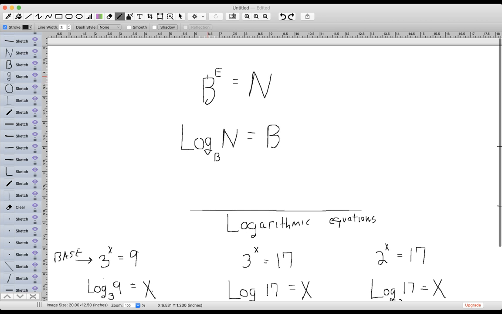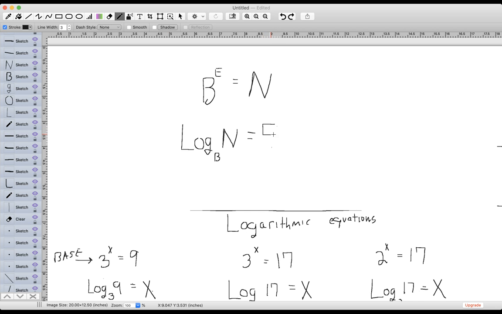But the log of any number b raised to the exponent, as long as b is positive, is equal to some other number n. We can rewrite that as a logarithm base b of the n value will equal, not b, will equal our exponent.